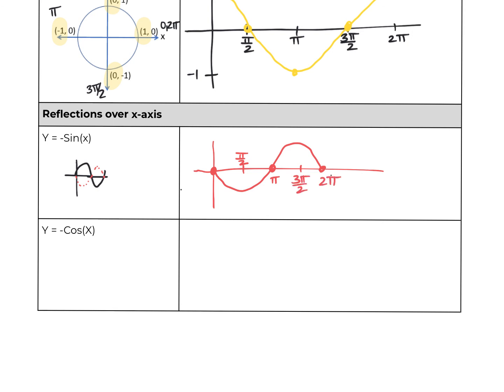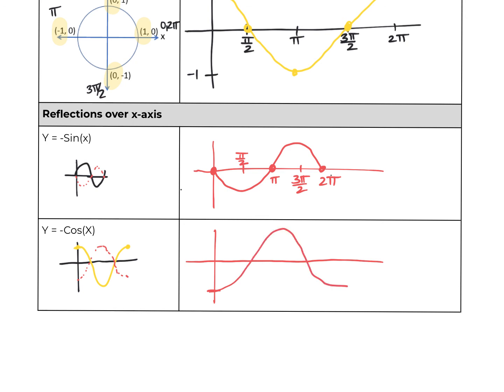Same concept. And if you want to graph negative cos x, same thing. You'll start with your graph of cos, which we said looked like this. Then you graph the reflection. If you reflect each of the pieces over the x-axis, it will look something like that. So my negative cosine graph starts down here at the minimum and goes up, down, up.